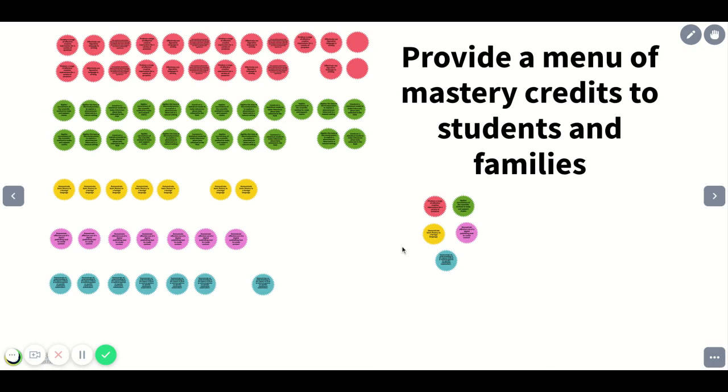But those students would not all be going for the same mastery credits, and we would never mandate that you have to hit certain credits here.